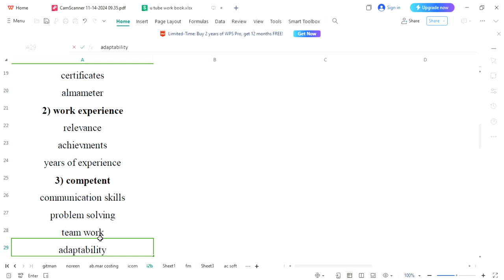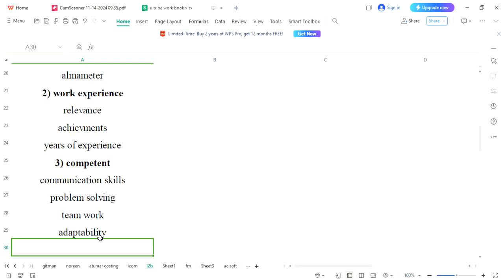And then finally we will see adaptability. Adaptability means he has come from a different perspective, from a different organization. Each organization has a different culture, different working environment. Adaptability means how quickly he is mixing himself into the organizational culture, your current organization.